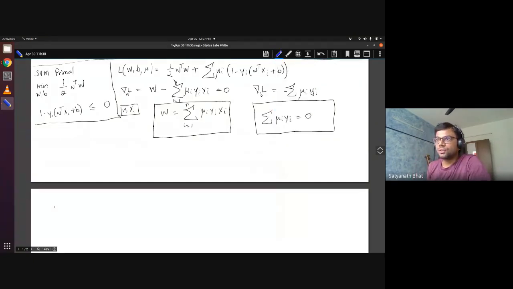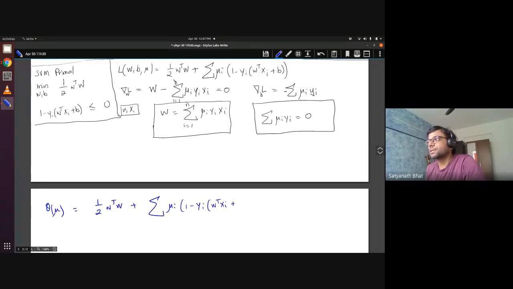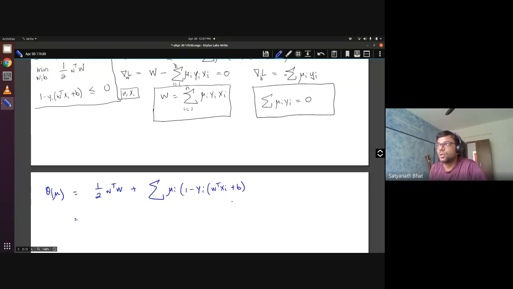So here your theta of mu will be half W transpose W plus summation mu i times 1 minus yi times W transpose xi plus B. This is the original thing, but I have to now plug in these conditions. Since xi is a vector, in W transpose W, xi and xj terms will be coming.